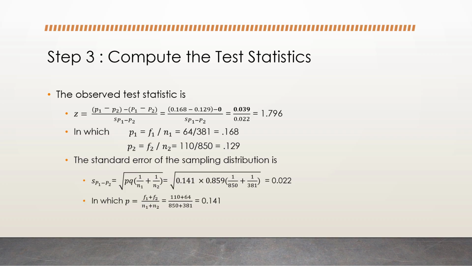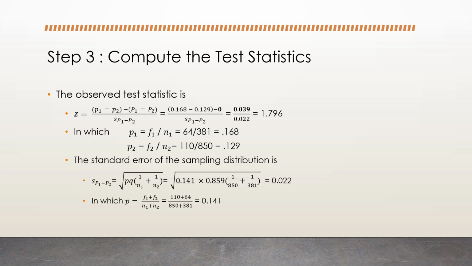The observed difference between the two proportions is 0.168 minus 0.129 equals 0.039. Since the hypothesized difference between the two population proportions is 0, we can calculate the observed z as 0.039 minus 0 over 0.022, which is 1.796.